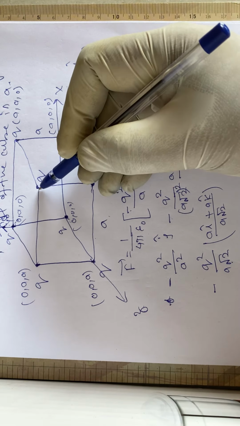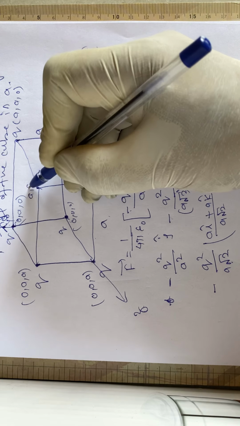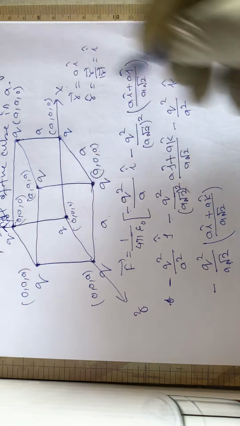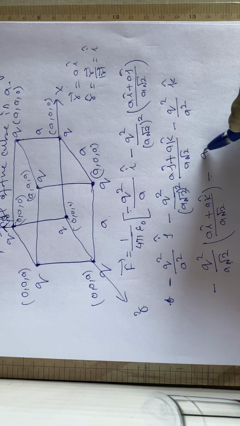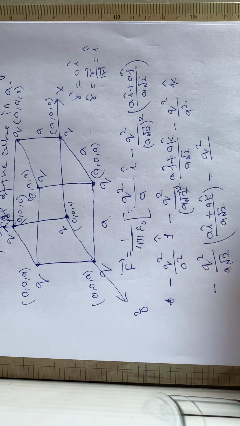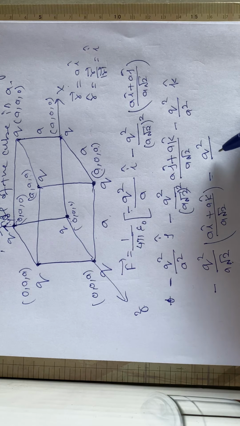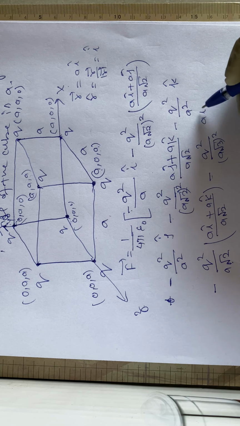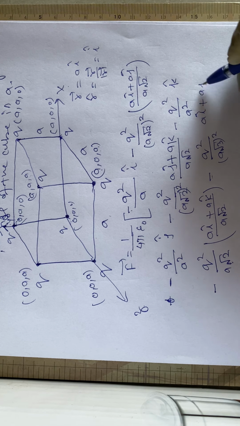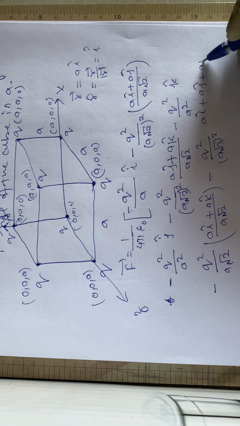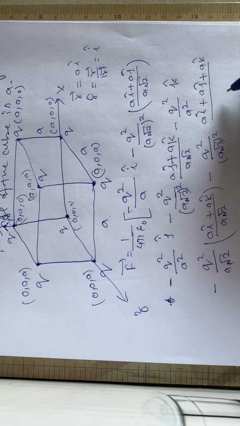Now the last one, the coordinate would be (A, A, A). Here it's again a repulsive force, and the vector would be A i cap plus A j cap plus A k cap, whose magnitude would be A root 3, whole square. The unit vector would be A i plus A j plus A k cap upon A root 3.